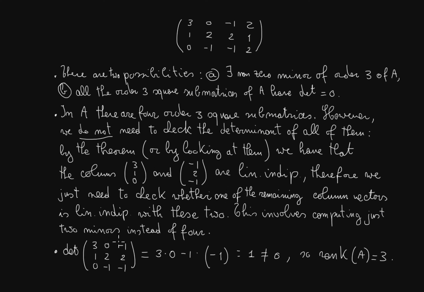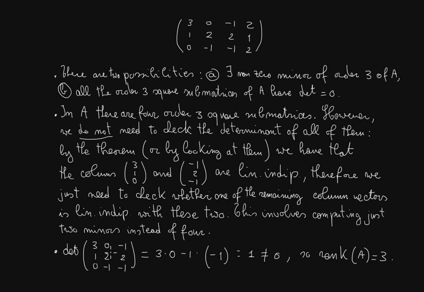Let's check, for example, the first 3 column vectors: 3, 1, 0, 0, 2, negative 1, negative 1, 2, negative 1. We are checking whether the second column is linearly dependent with the first and the third column.